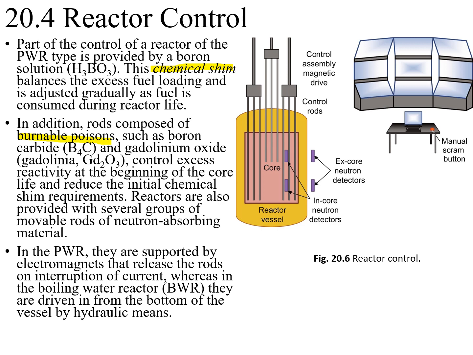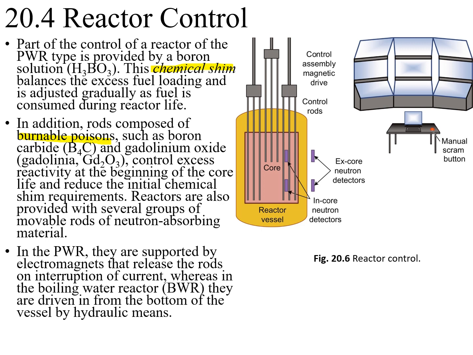Both boron and the Gd, they are neutron absorbers, and they can burn together with the fuel. So the fuel is burned, so the fuel enrichment is reduced over the time, and the amount of this burnable poison is also burned, so that they have a very good balance over the lifetime of this fuel.